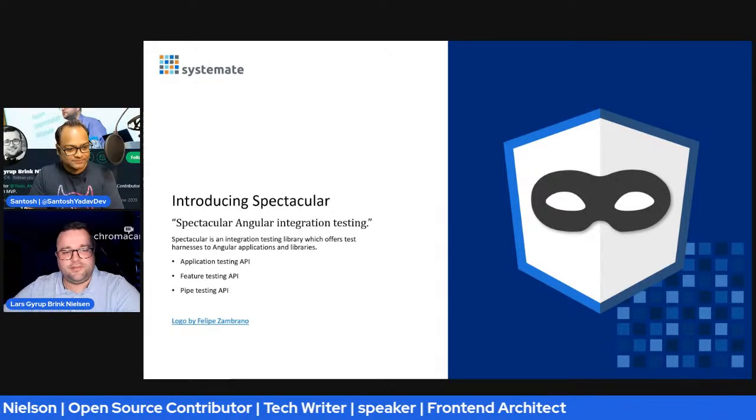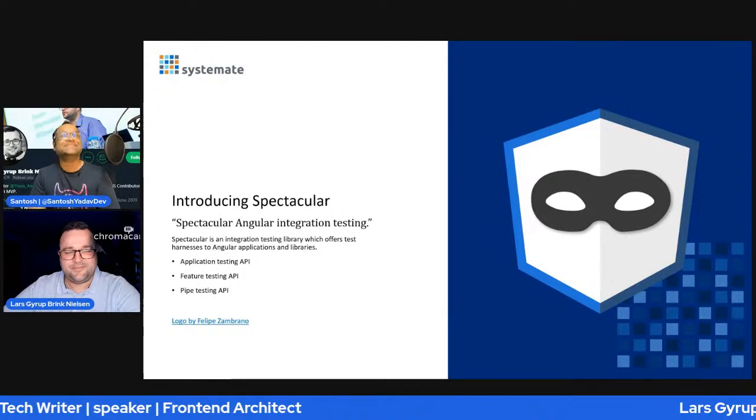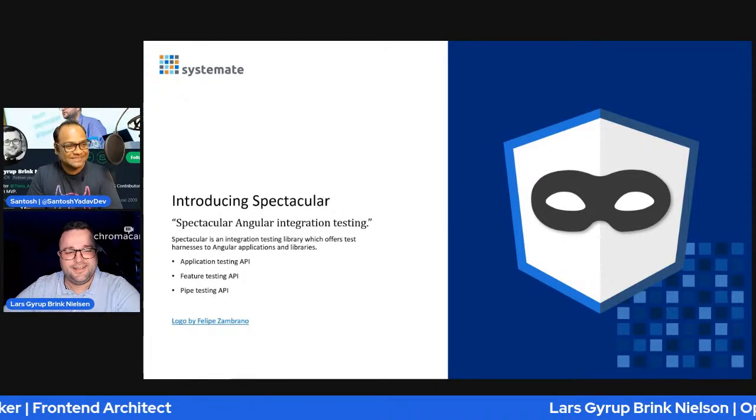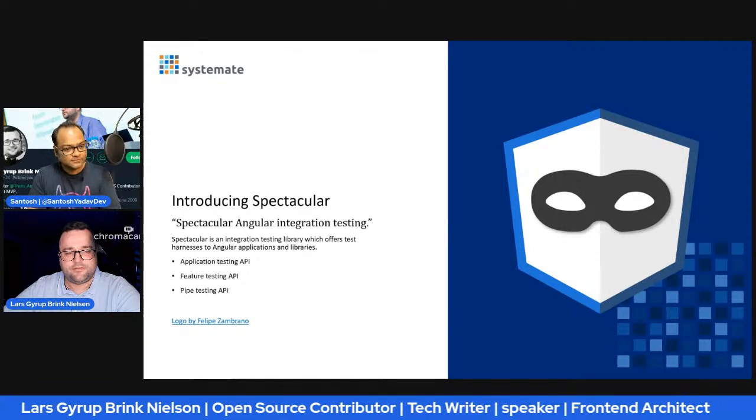The only downside is that it's pretty close to Spectator, so that's a different testing library, a nice one. This one is a little different because it has no dependencies on Jasmine or Jest, so you can use it with any testing framework.